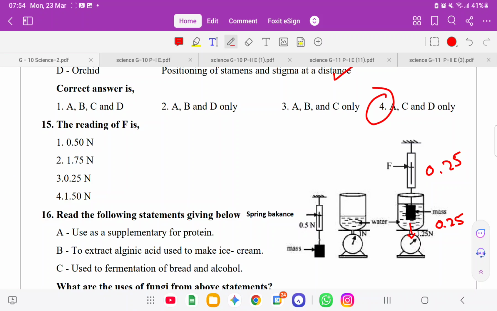The upthrust is the additional 0.25 that this scale shows. So in the Newton balance F is 0.25. Upthrust upwards, right? Then it may feel tension. Upthrust upward and mg downwards, right? And here is a reaction.